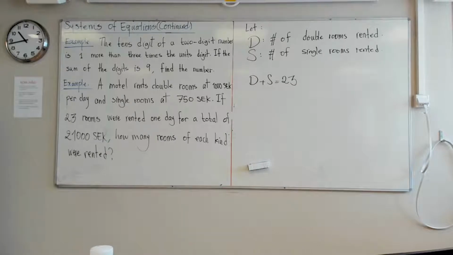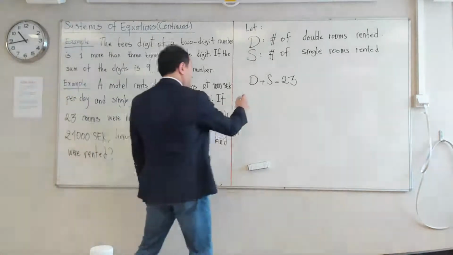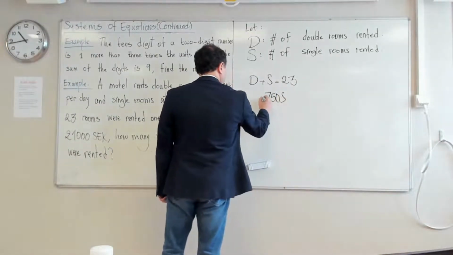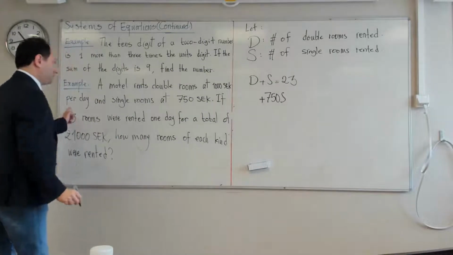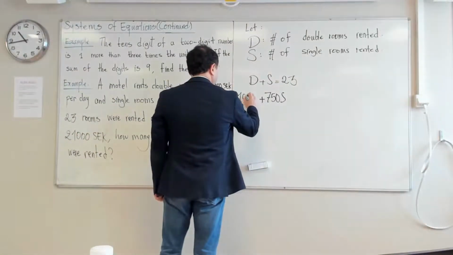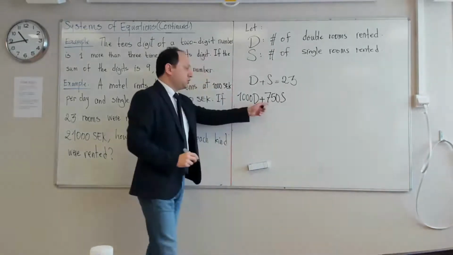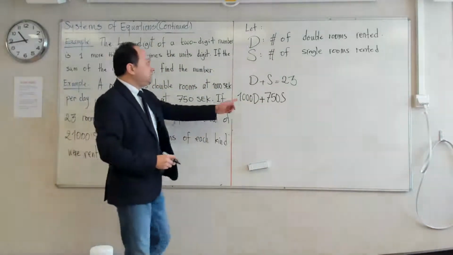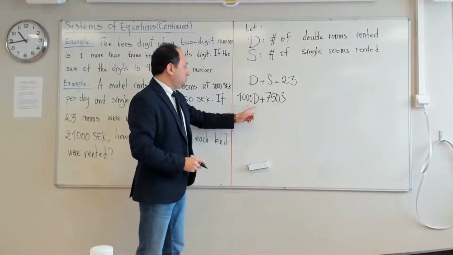I was thinking like 750 S plus 1,000 in parentheses 23 minus D maybe. Yes. So 750 S, and that is 1,000 D. Do you agree this is the total money earned by this motel? Yes, because there are D double rooms, each with this price.